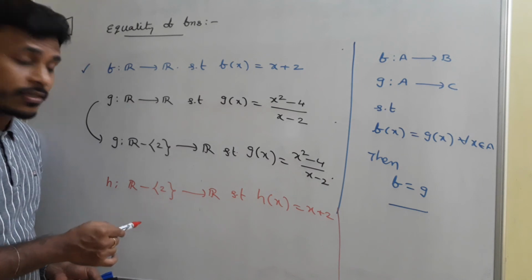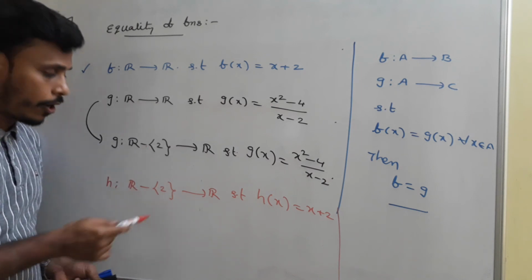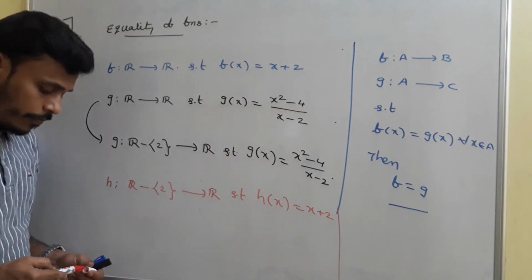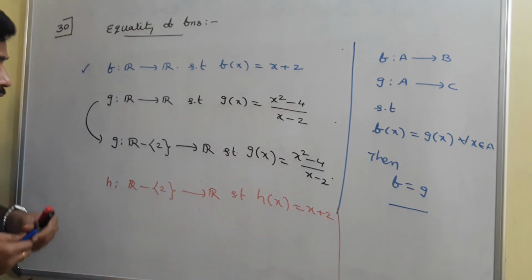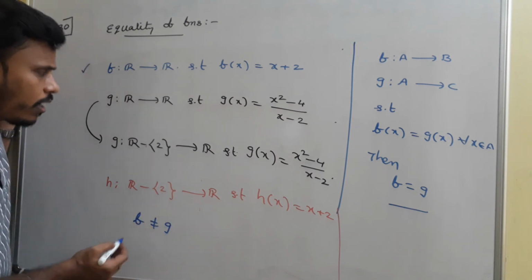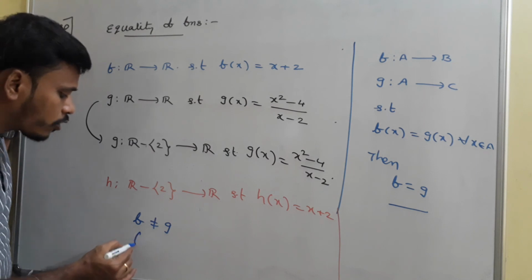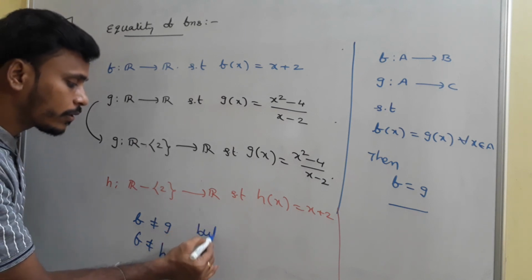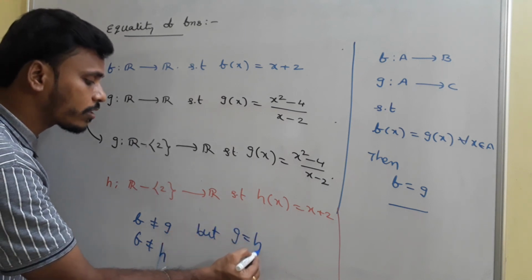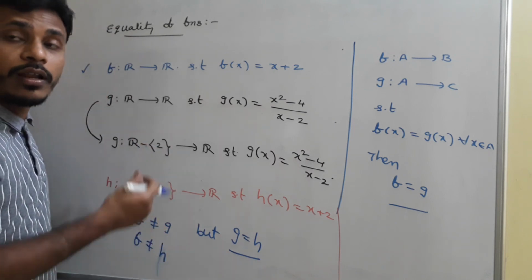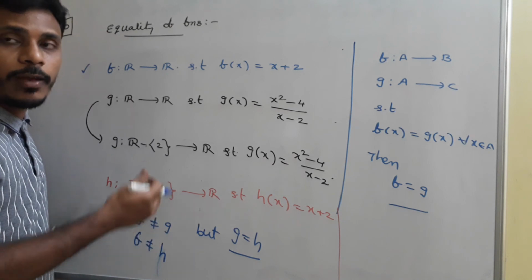In this case, g and h become equal because the domains are equal as well as the definition is equal. And at the end we will say that f and g are not equal. What do you say about f and h? They are also not equal. But g and h are equal because their domains are equal, and their rules are also equal for every value in the domain. Okay, just have a look.